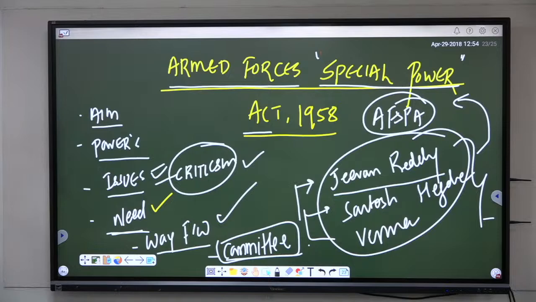Next committees you write, Justice Verma Committee 2013 and Justice Hegde Committee 2013.